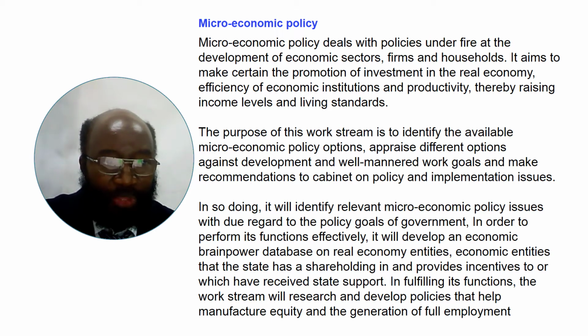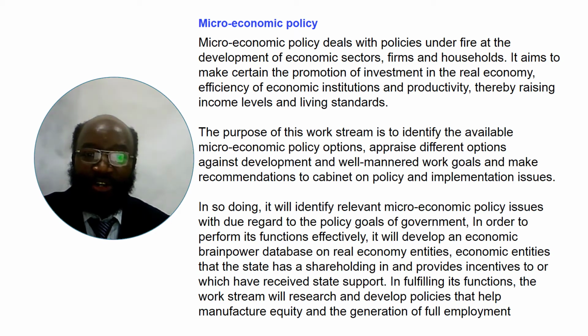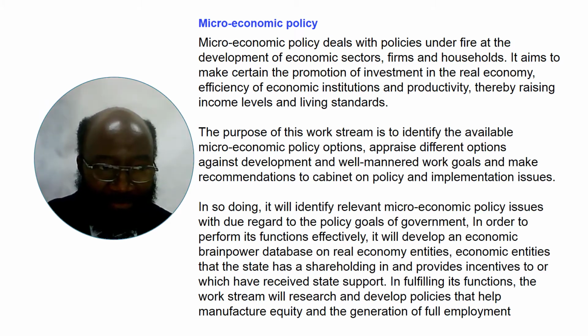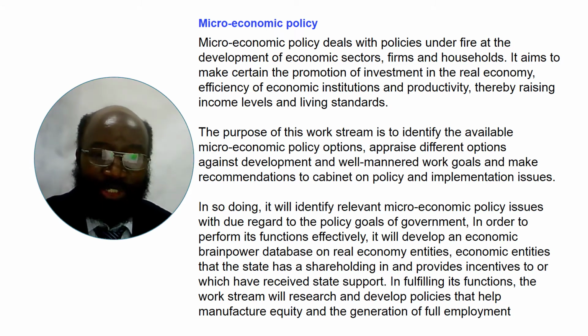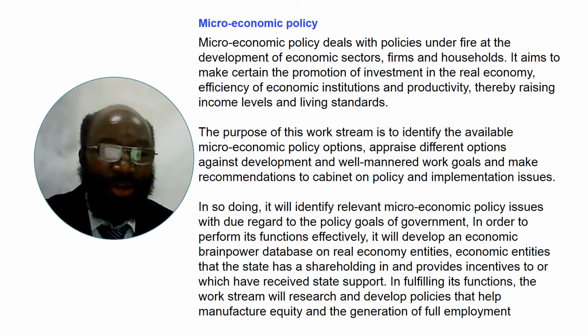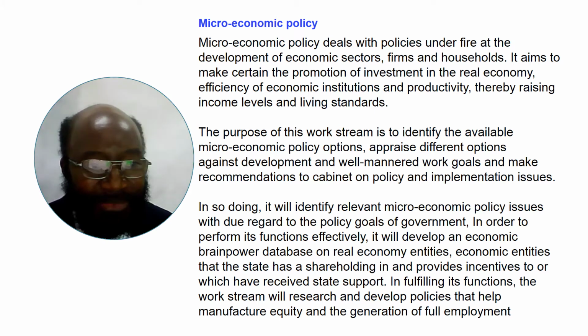Microeconomic policy. Mainly, this policy deals with policies aimed at the development of economic sectors, mainly firms, enterprises, or households. It aims to promote investment in the real economy. We see the concept of a real economy, where we produce only real material commodities, that we call real economy.